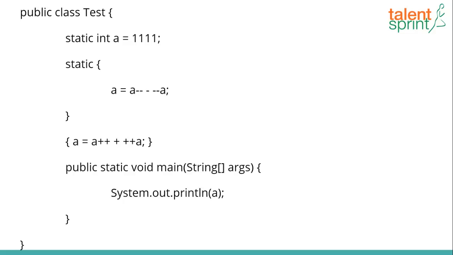Any answers, guys? We have a static variable that holds the value 1111, and then in the static block we are playing around with the value of a. Then again we have another block of code where we are dealing with manipulating the value of a and finally printing a in the main.